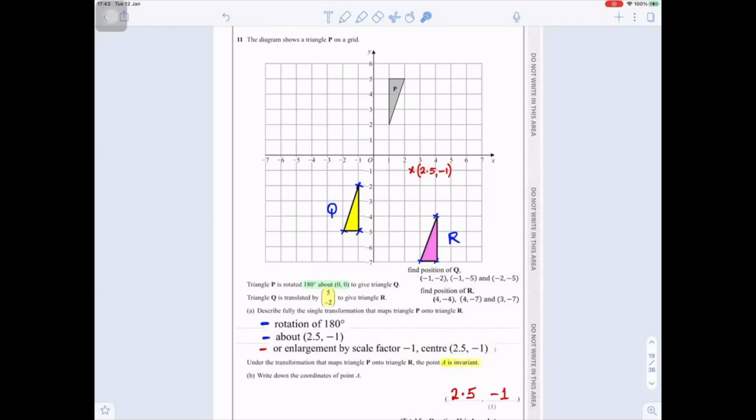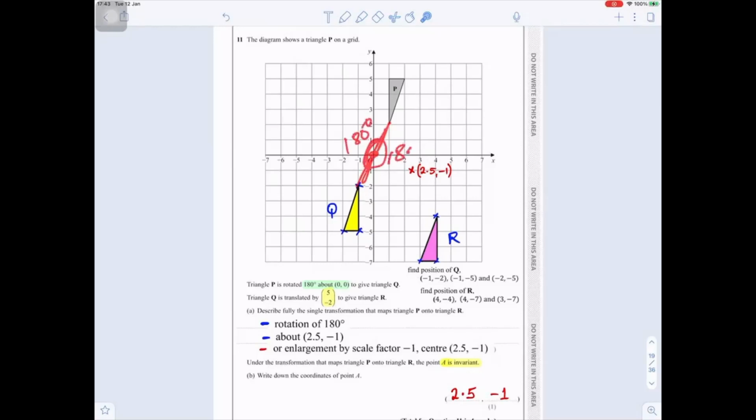Now let's look at how we do that. Triangle P is rotated 180 degrees about center O to give Q. So we want to go from P to Q, and the center is O. So this angle is 180 degrees.